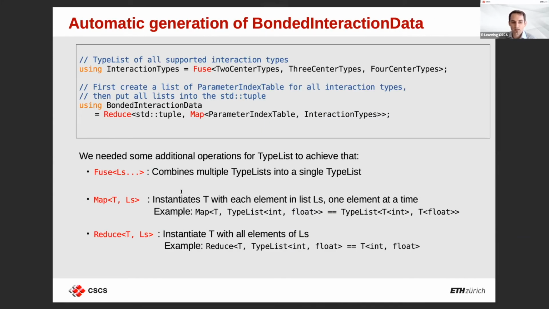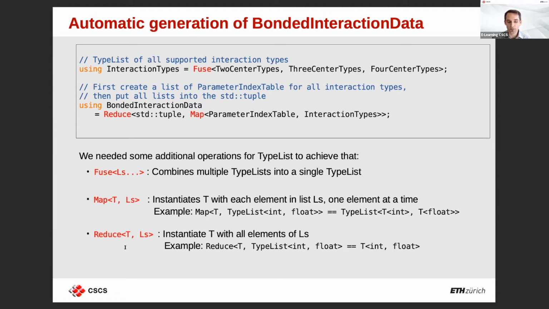Map takes the first parameter, and takes a list as a second parameter, and then makes a new list where T is instantiated with all the elements that were in the list. So if I do map parameter index table to interaction types, then I actually get a list of parameter index tables instantiated with all the types that I have in my code.